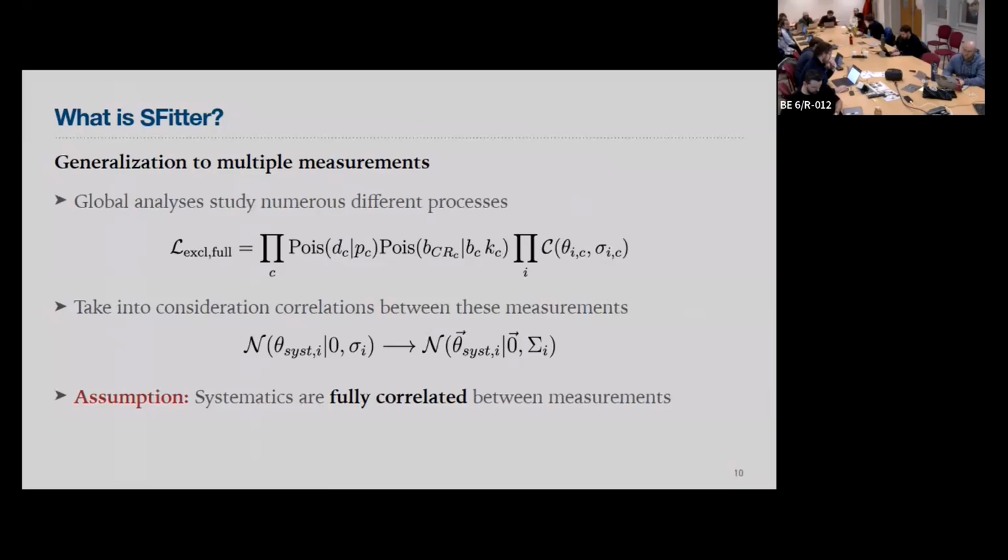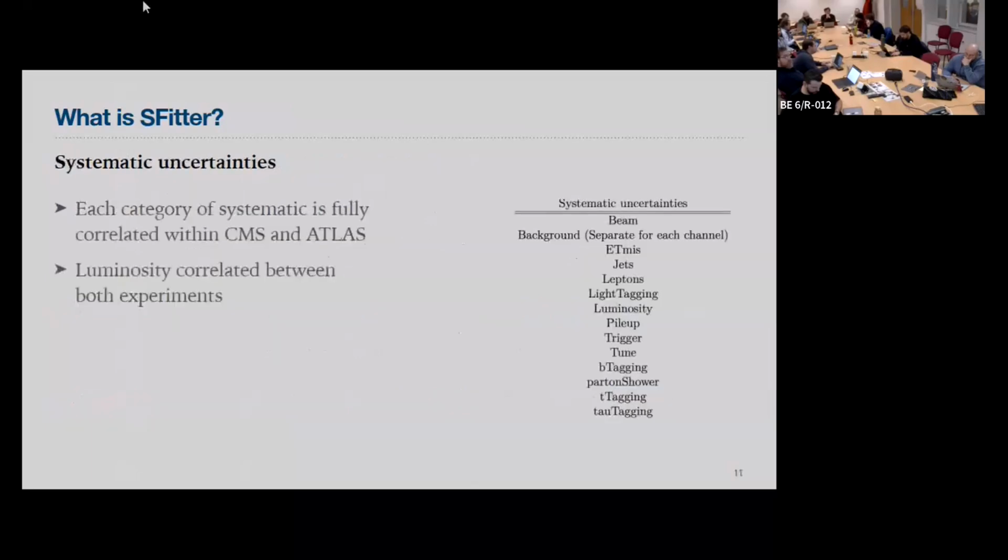So basically, in this, we can then use these constraints to fully correlate all kinds of systematic uncertainties between these measurements. And what I mean by these systematic uncertainties, I here on the right just have a quick list of our previous analysis, different kinds of systematic uncertainties we have.